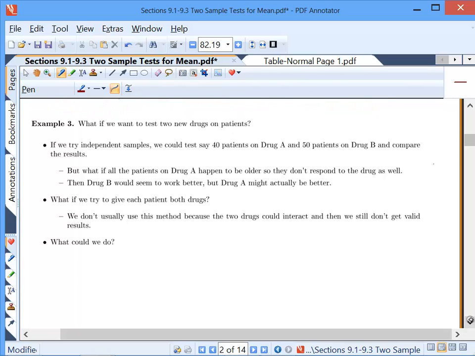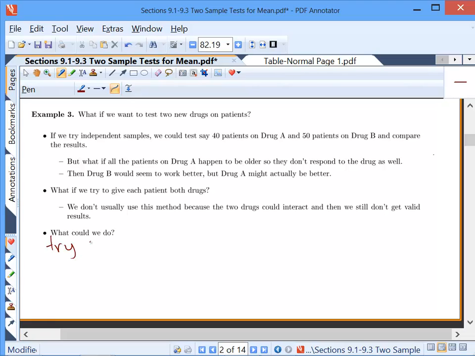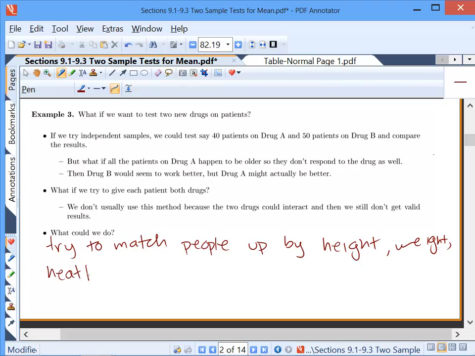So that's usually what we're going to try and do, is we try to match people up by height, weight, health, gender, age, etc. So you try and match them up as best as you can, and depending on how much time and resources and people you have, you might be able to match them up by all of these, and race, and religion, or you might just be lucky if you can get gender and approximate weight, or something, okay?